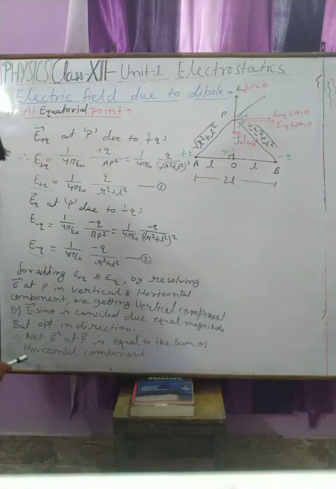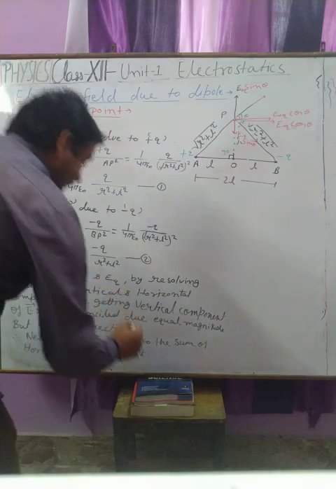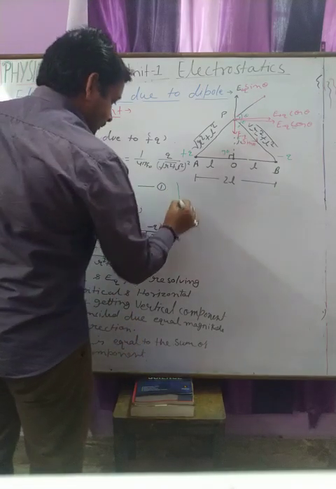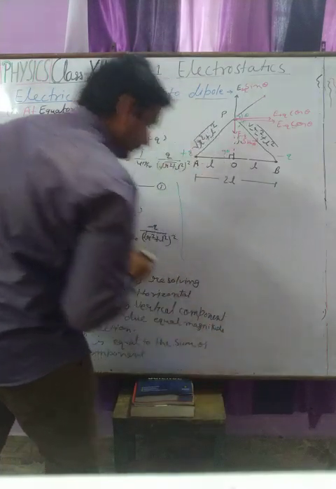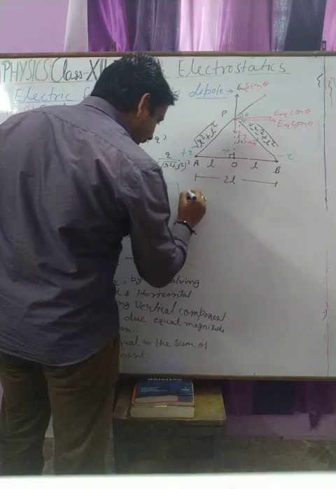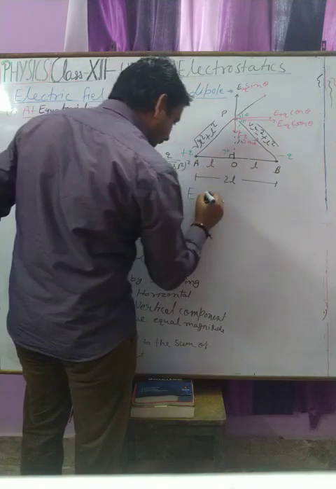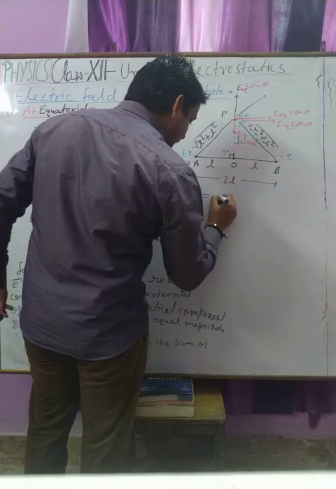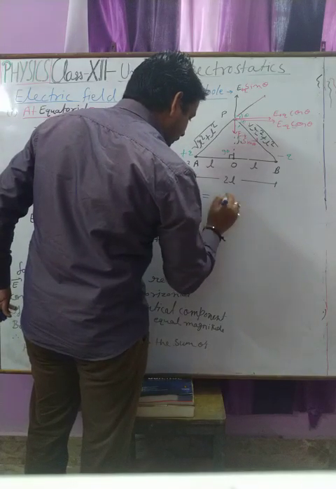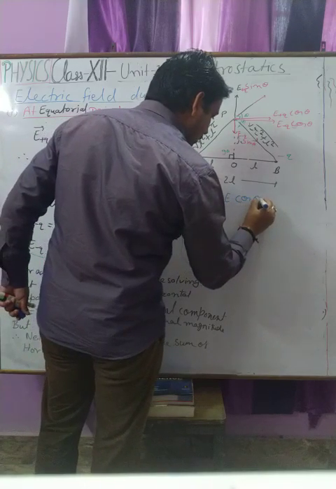Therefore, we are finding the net electric field at point P, which is equal to the sum of horizontal components. That is, electric field at P is equal to 2E cos theta.